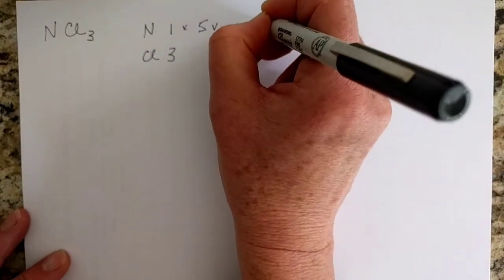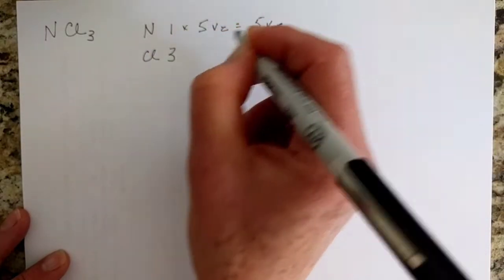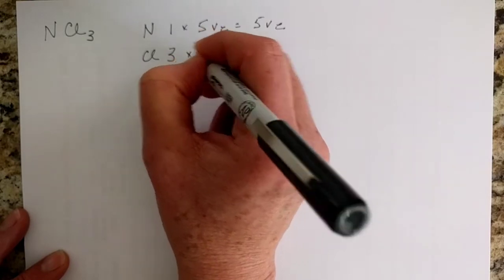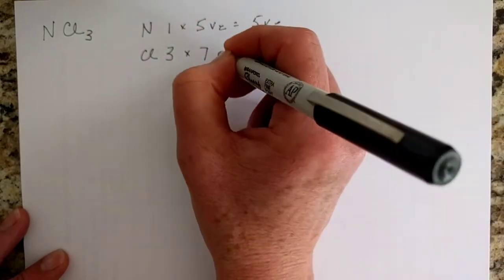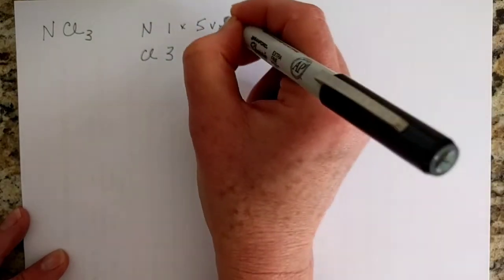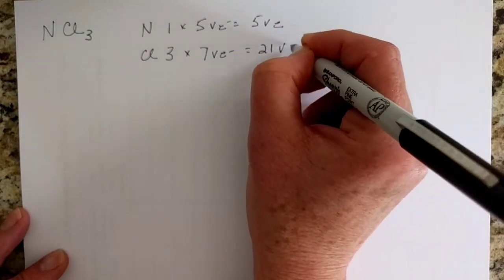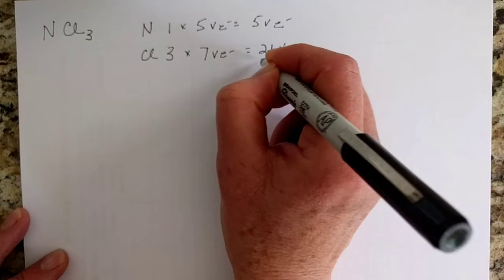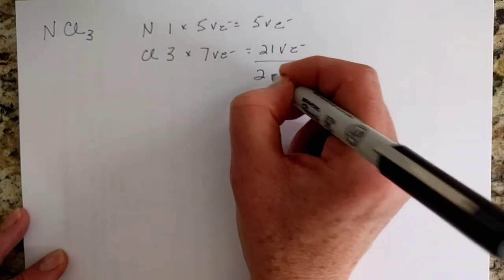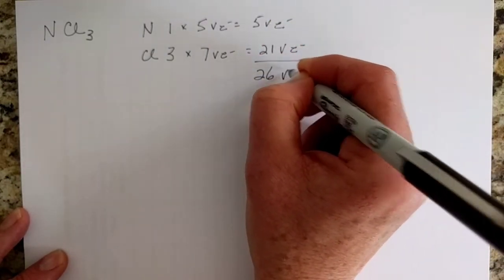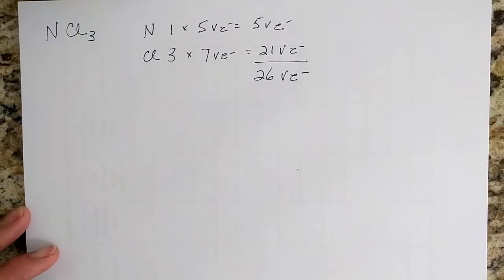So 1 times 5, we have a total of 5 valence electrons from the nitrogen. Chlorine is in group 17, so we have 7 valence electrons. So 7 times 3 is 21 valence electrons. So we add them up, and we get 26 valence electrons that we need to have in our Lewis structure.